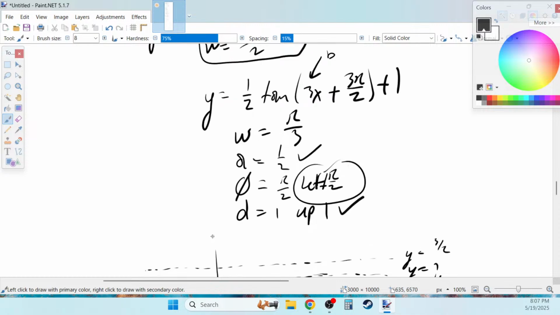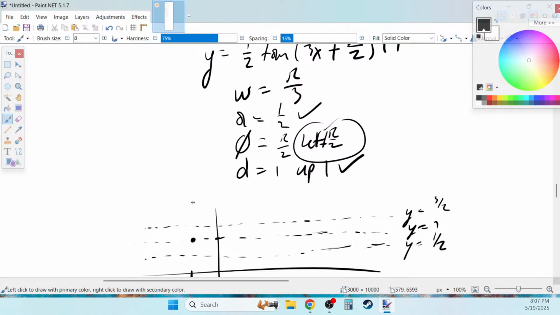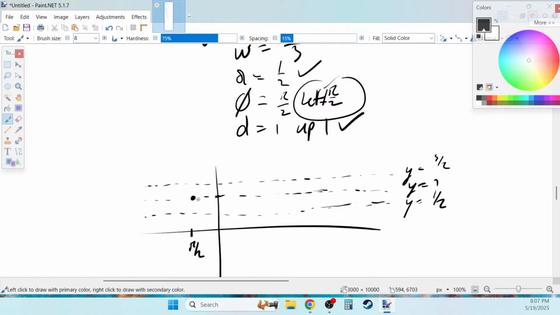We are doing a tangent. That means we're going to start on the midline here. We have a wavelength of pi over 3, not 2 pi over 3. So pi over 3 gets us not all of the way to, our whole wavelength fits into there.